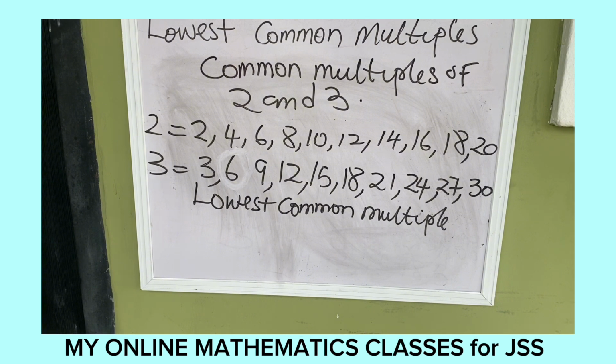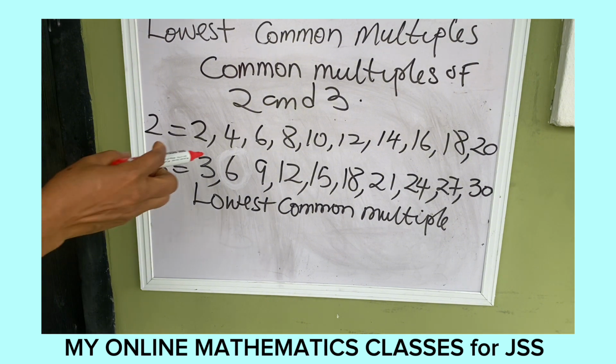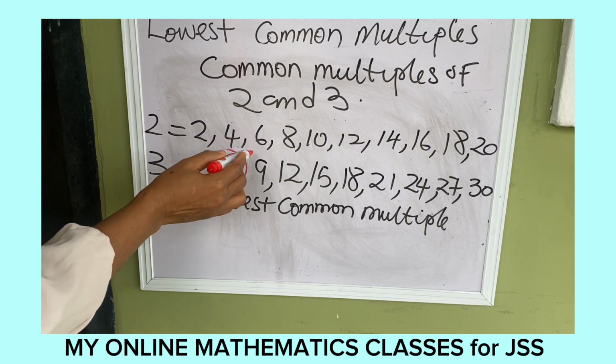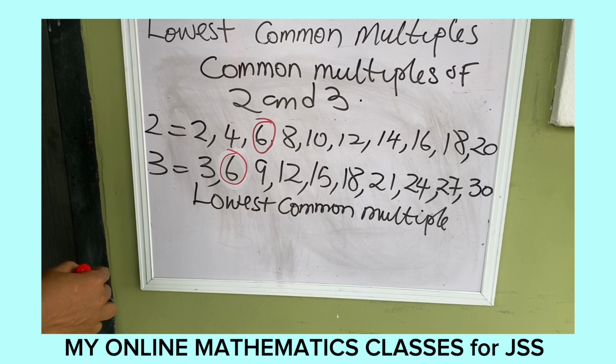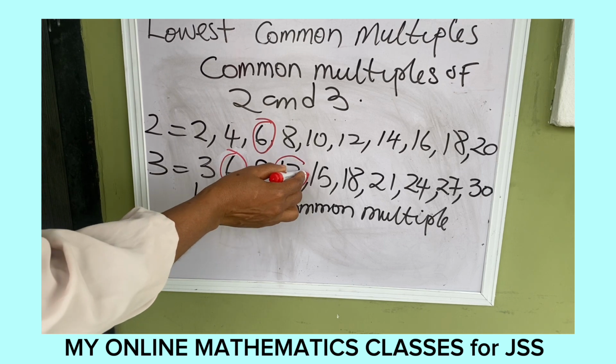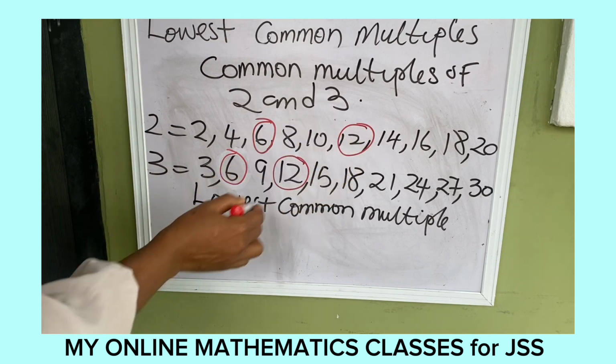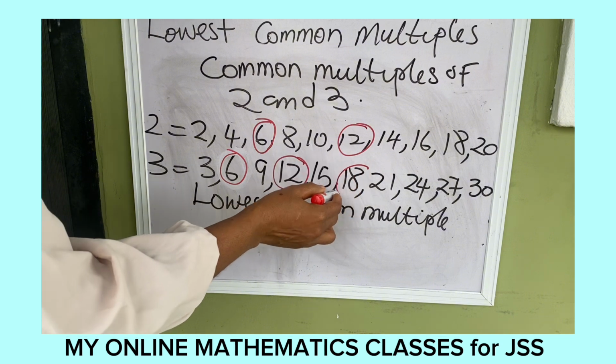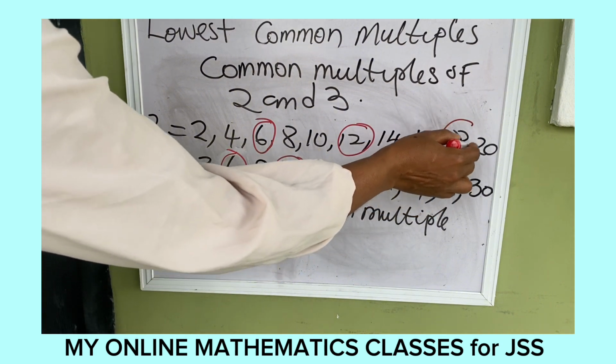If you are looking at what is on the board now, you will see that we have 2, 4, 6, 8, 10, 12, 14, 16, 18, 20. Then when you look at the line for 3, you see that we have 6 there, and we have 6 in 2. We have 12 there, and we have 12 also in 2. Then we have 18 and we have 18 also in 2.